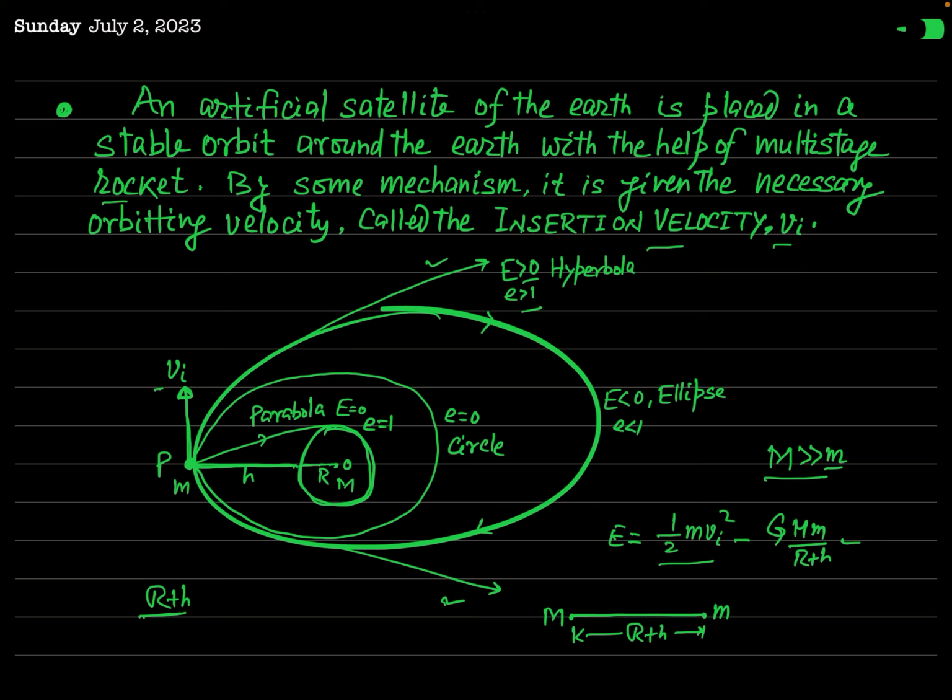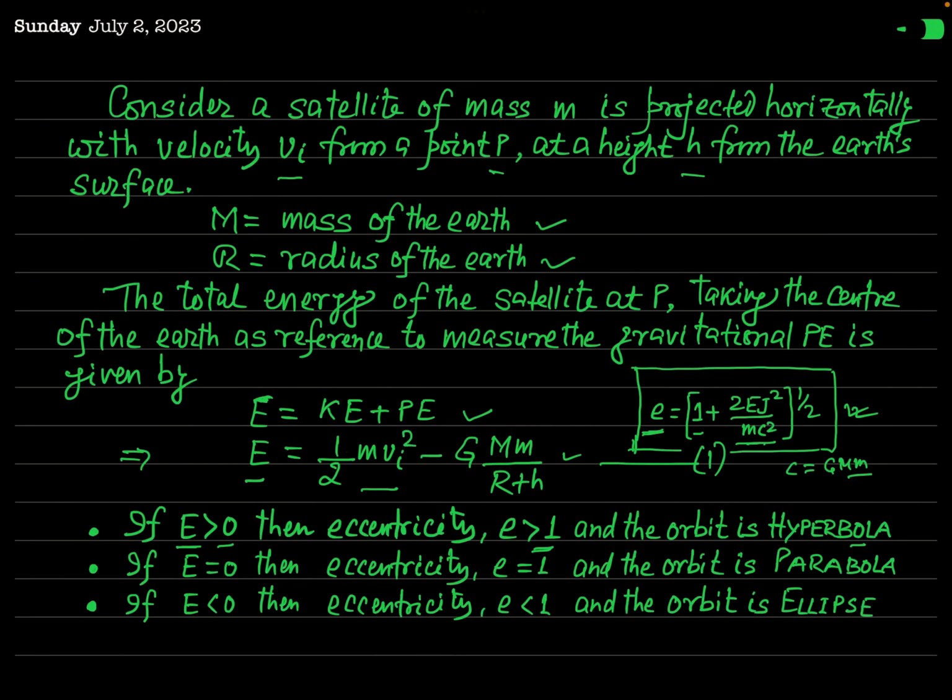But if the total energy E is equal to 0, it means the kinetic energy is equal to the magnitude of the gravitational potential energy. In this condition, you can see from the formula for eccentricity that if E is 0, eccentricity will be simply 1, and the orbit is a parabola.